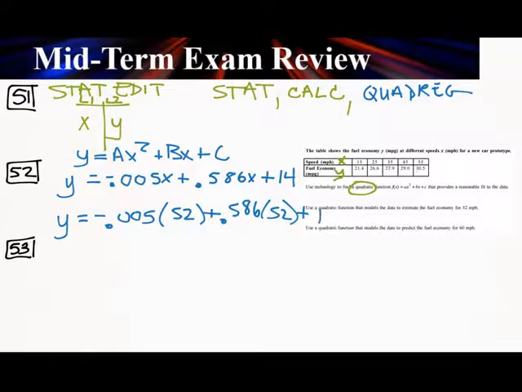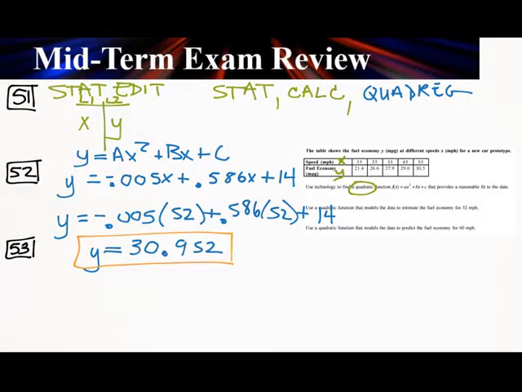All right, so we've got 52 plugged in, and if I calculate that expression, that'll give me y equals, let's see, 30.952. So for number 52, we plug in 52 and we get 30.952.